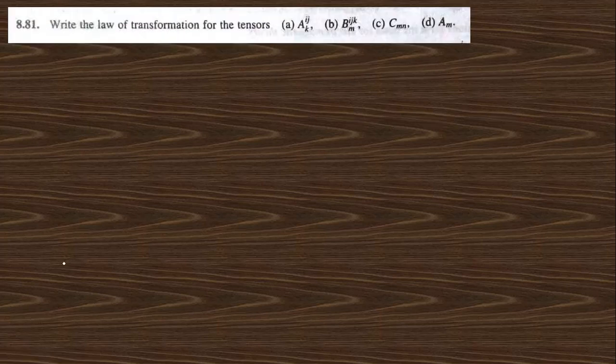Next, write down the law of transformation for this tensor. So if you want to write down the transformation in the case of the first one, this can be written as A bar, the transformation represented by bar. So on the right hand side this will be i j k.